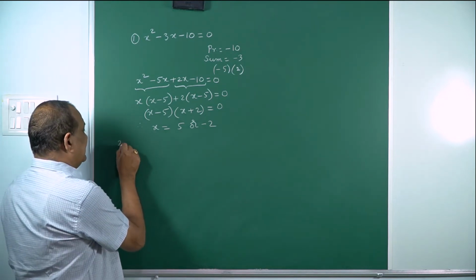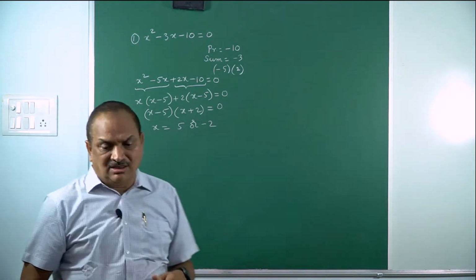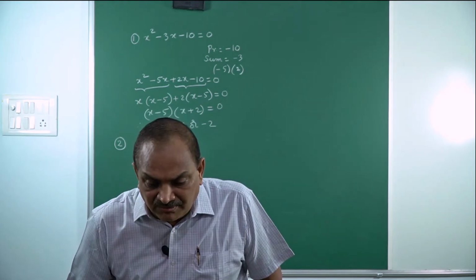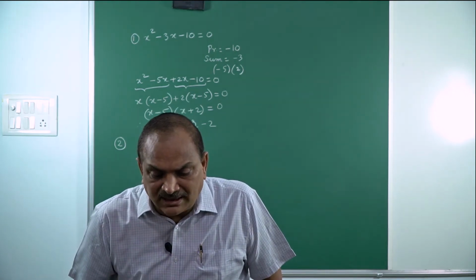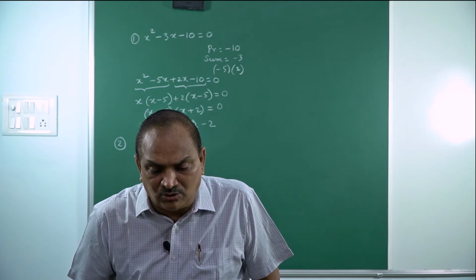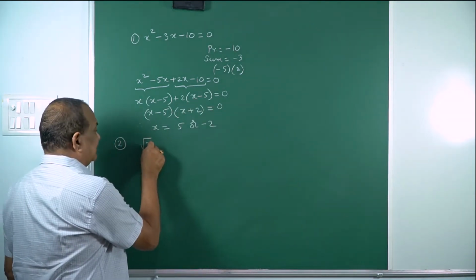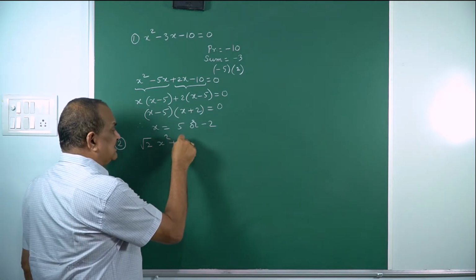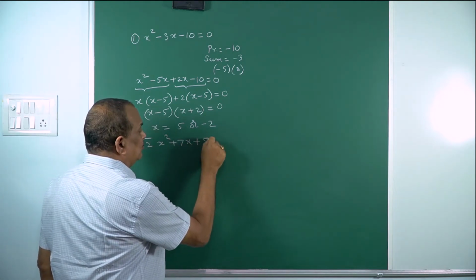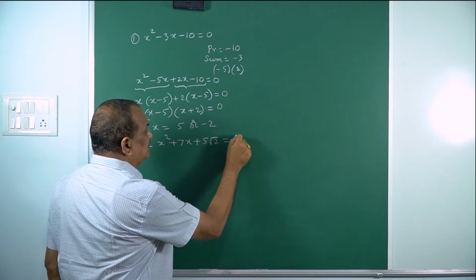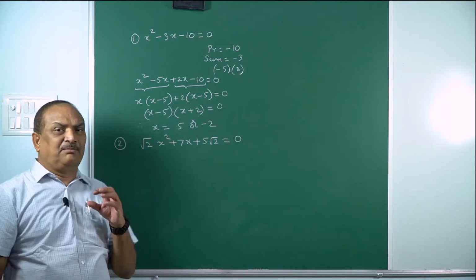And I take another equation, which is perhaps root 2x square plus 7x plus 5 root 2 equals 0. So you have here root 2x square plus 7x plus 5 root 2 equals 0. Now I take the product.